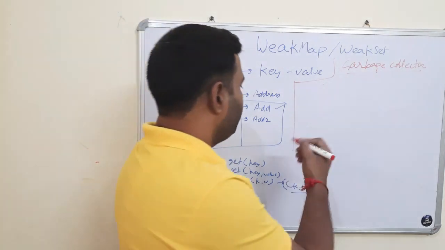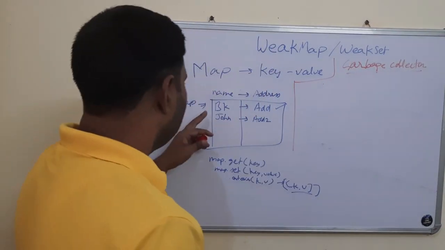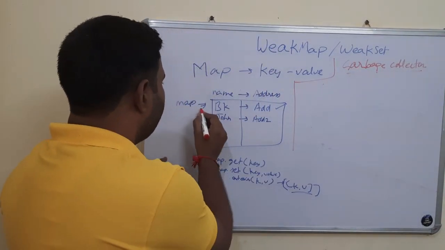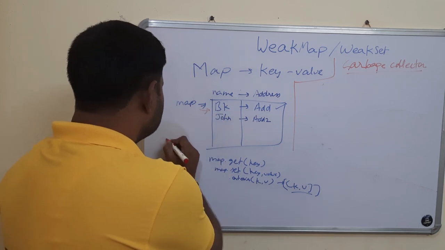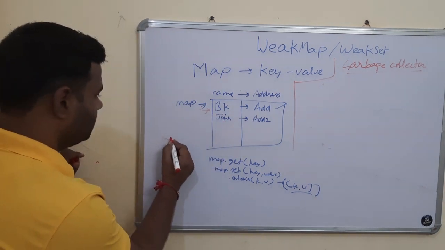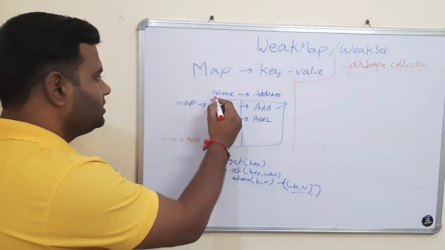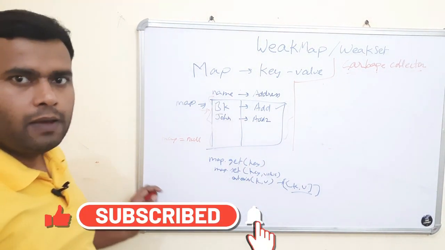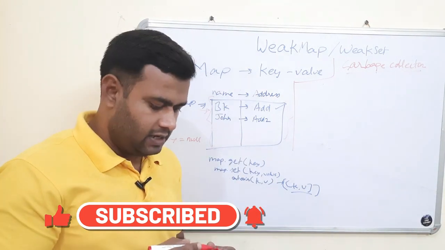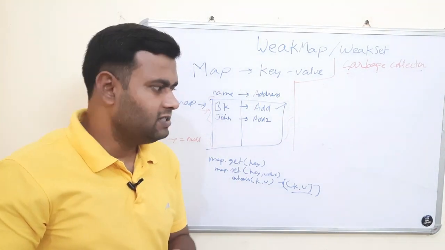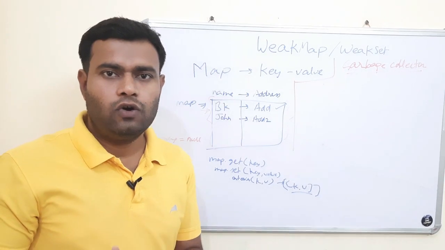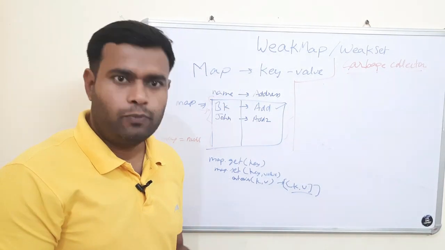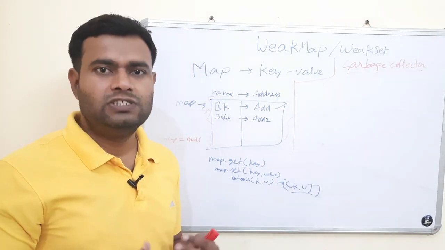For example, here you have this map pointing to a particular object. If we make this map equal to null, what will happen to this memory? It will be cleaned up automatically by the garbage collector, and when the garbage collector runs is not dependent on the programmer but on the JavaScript engine.